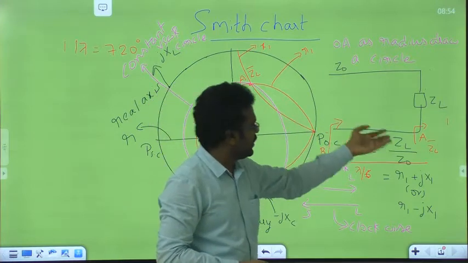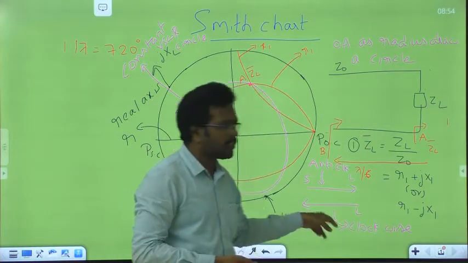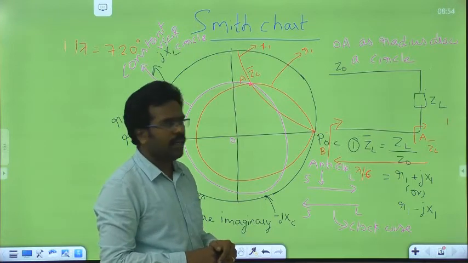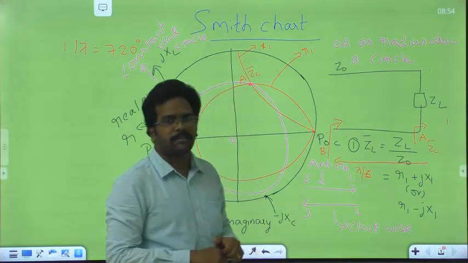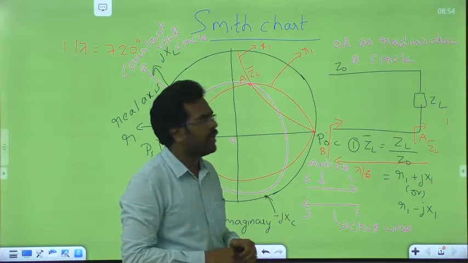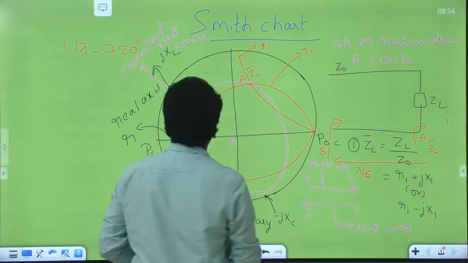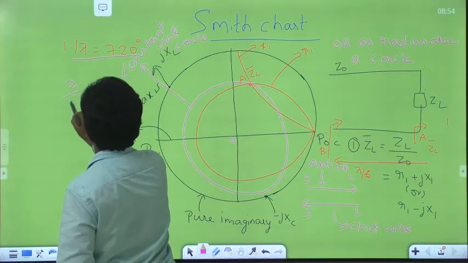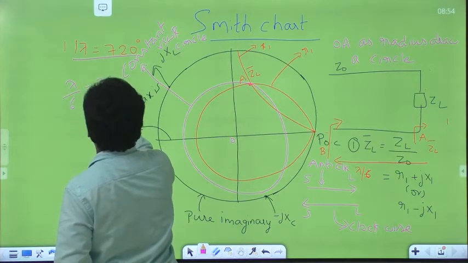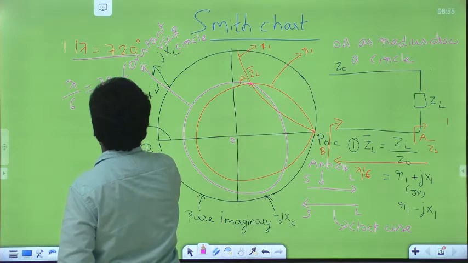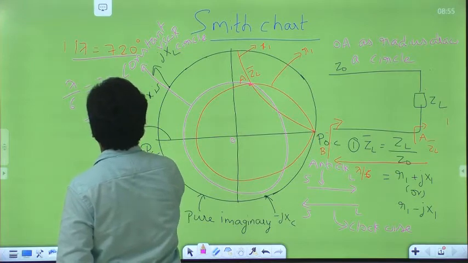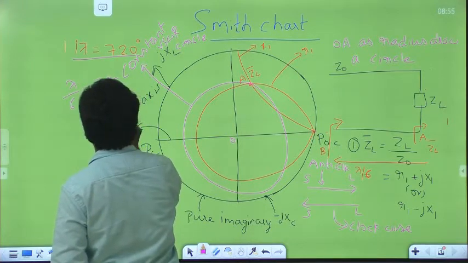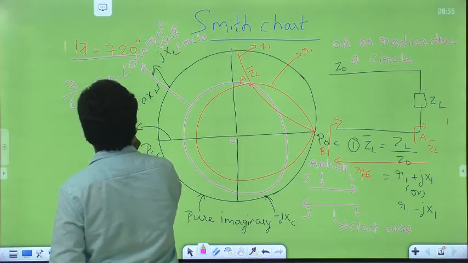So here we have to move in the clockwise direction on the constant VSWR circle for a distance of lambda by 6. What is the lambda value? One lambda is equal to 720 degrees. So lambda by 6 means 720 by 6.